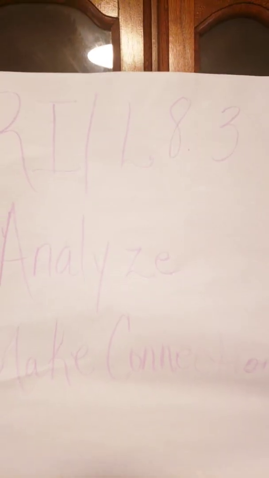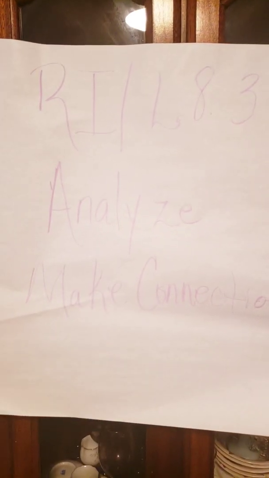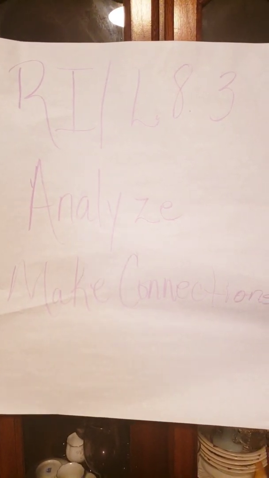Okay? Coming to our next standard, we have RI and RL 8.3. And that is all about analyzing and making connections. When we analyze, we actually take apart the story, kind of like what the author wants us to do next.